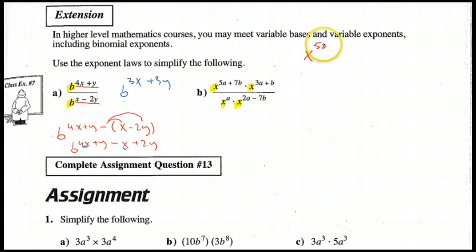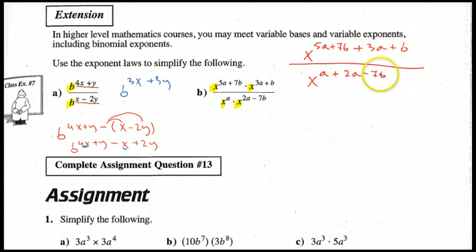And here we go. The first exponent is 5a plus 7b, plus the second exponent, 3a plus b. That's on top. And on the bottom, I have x to the a plus 2a minus 7b.